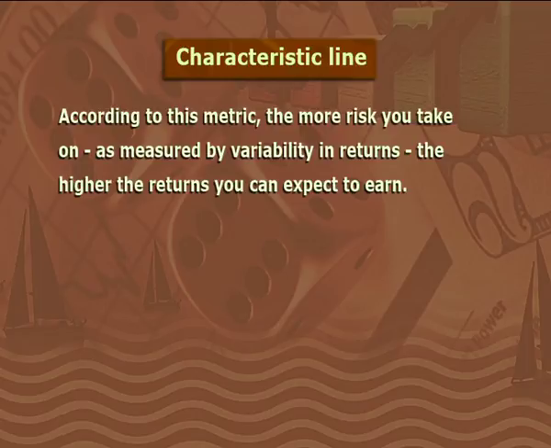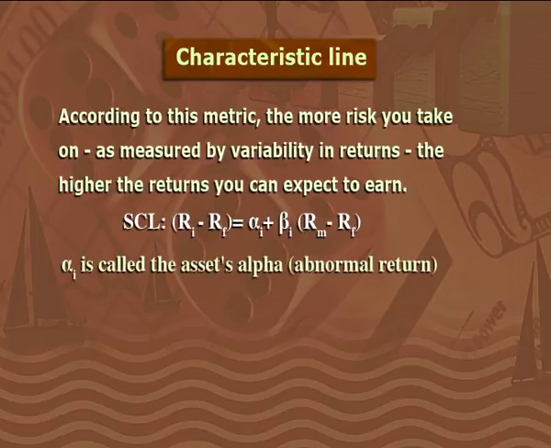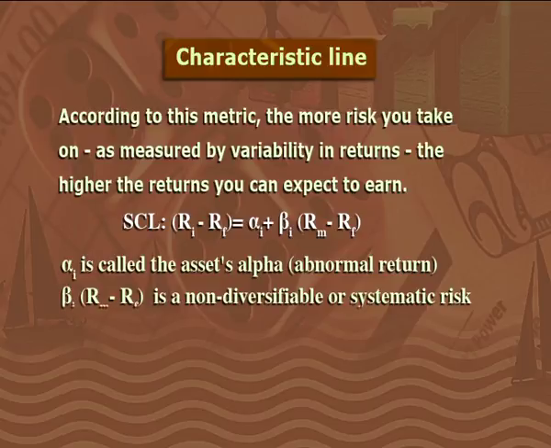According to this metric, the more risk you take as measured by variability in returns, the higher the returns you can expect to earn. It is represented like Ri minus Rf is equal to alpha i plus beta i multiplied by Rm minus Rf, where alpha i is called the asset's alpha, which is the abnormal return.